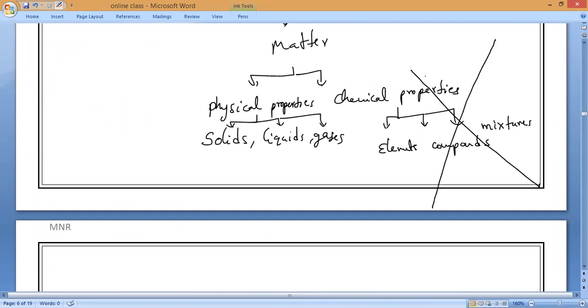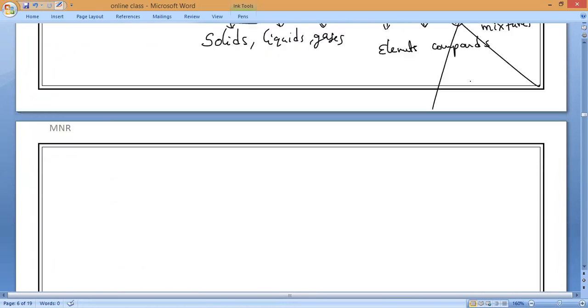The second chapter will study chemical properties. In this chapter we will study the classification of matter based upon its physical properties: solids, liquids, and gases.